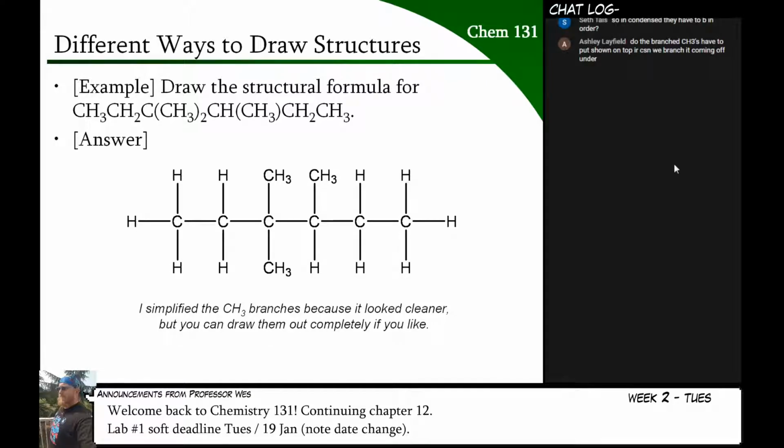Now, for our purposes in this class, in this chapter, it doesn't matter. In reality, depending on where you do that, it may or may not matter. We're going to talk about chirality when we get to sugars in chapter 16 in carbohydrates. But for now, we're going to assume that you can just put things wherever you want to. Connectivity doesn't matter. And that's fine.